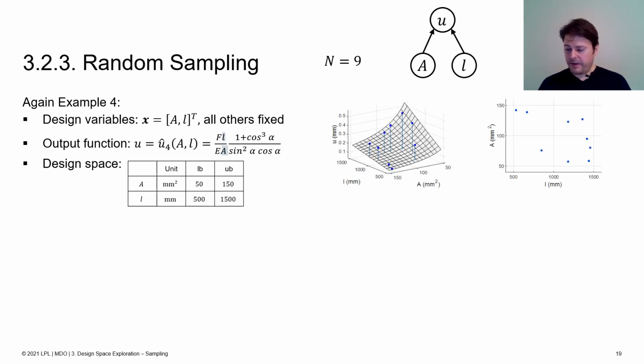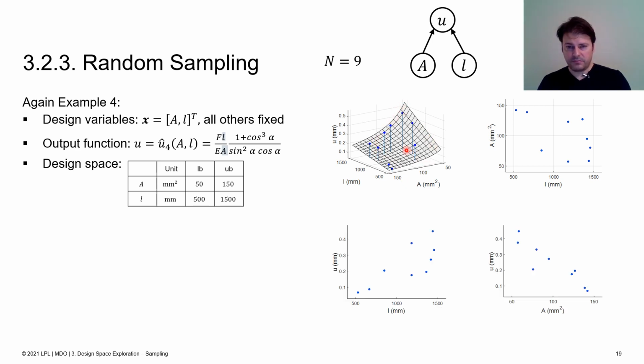So now our sample looks different. You can see here how our design points are randomly distributed and produce, of course, different points here on our response surface.